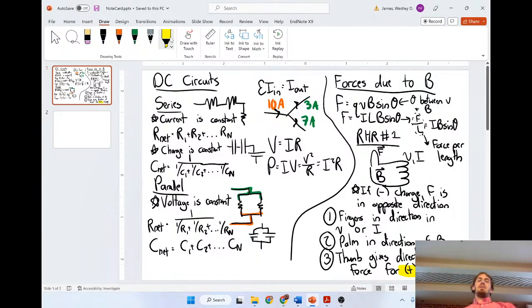Highlighting that because please do not mix those things up. It's a really easy mistake to make. You're doing the right-hand rule correctly, you get the direction of the thumb, you say the force is up, but it was a negative charge the whole time and the force was the other way. And then you're sad because you get the question wrong.